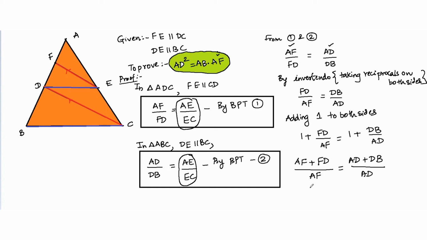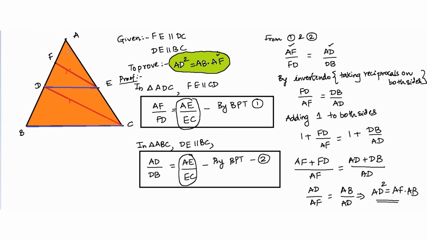Now AF plus FD becomes AD. So AD upon AF is equal to AB upon AD, and therefore cross multiplying, I get AD square is equal to AF into AB. And this is precisely what I wanted to prove in the given problem.